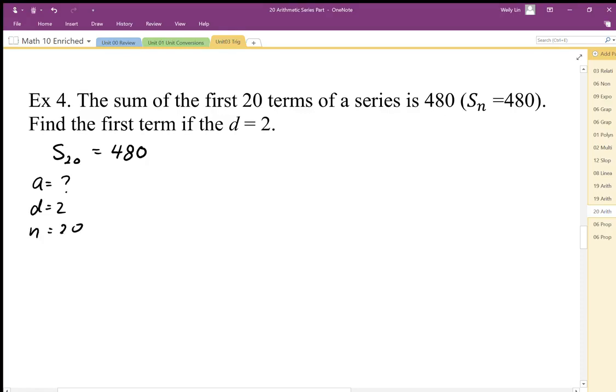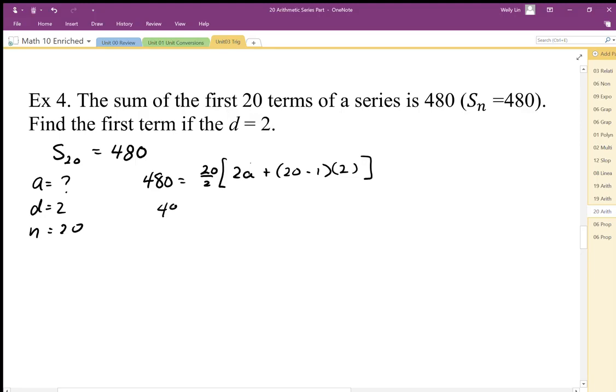So if I plug this into my formula, I should end up with one variable. So 480 is equal to n divided by 2, times 2 times a, which is what we're looking for, plus n minus 1, so 20 minus 1, times the common difference of 2. And this should all add up to 480.